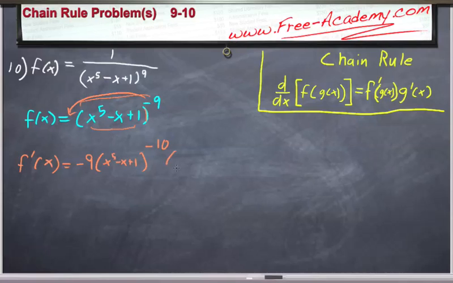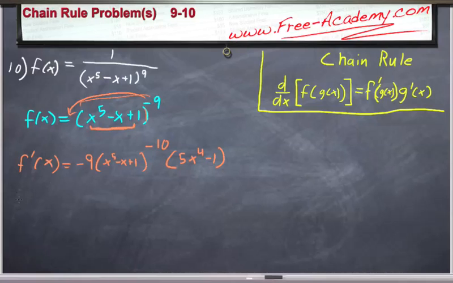But now we multiply that by the derivative of what's inside the parentheses, which is 5x to the fourth minus 1. So we took the derivative of the outside and then multiplied the whole thing by the derivative of the inside. That was the really quick way of doing these problems. It's the way I like doing it.